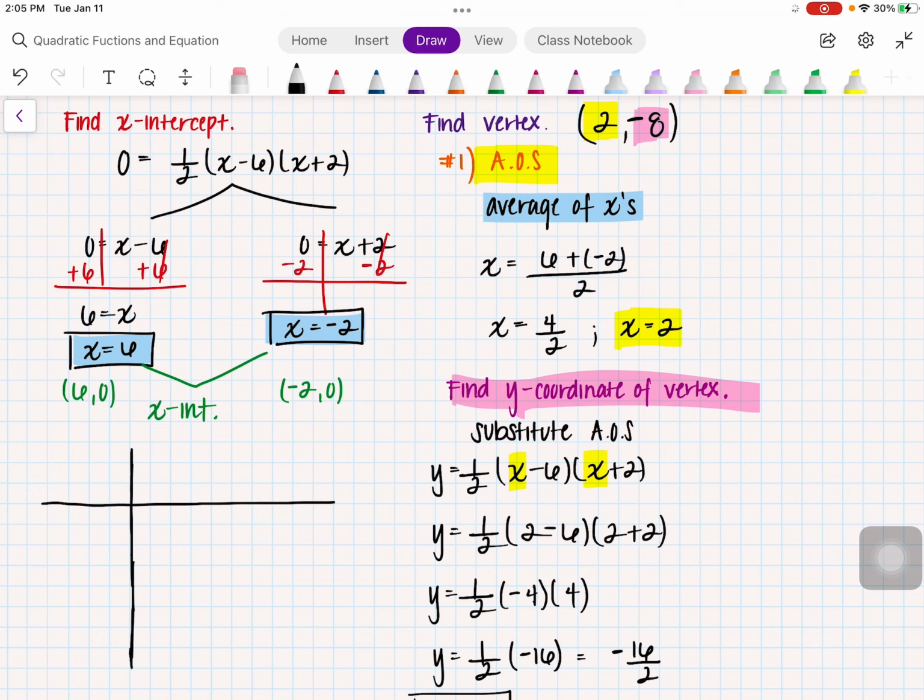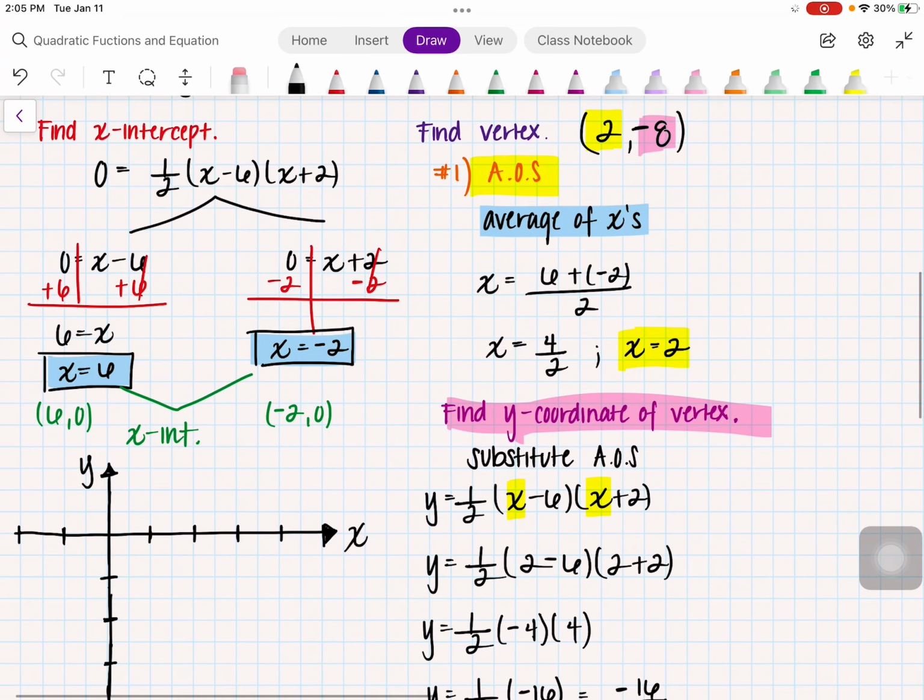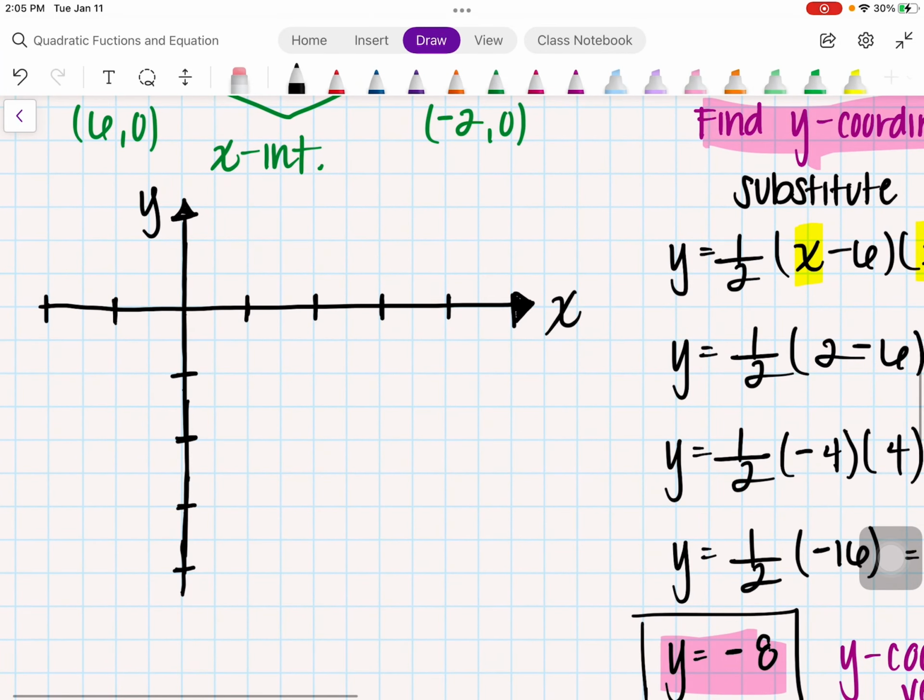So the con for this lesson, guys, you will be graphing the functions here. It's not going to be by hand. I'm actually going to go ahead and show you an example later on. But let me just do some labeling here. I'm going to go by 2s: 2, 4, 6, 8.